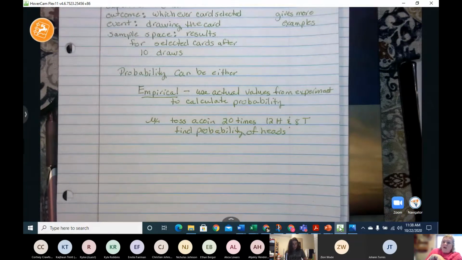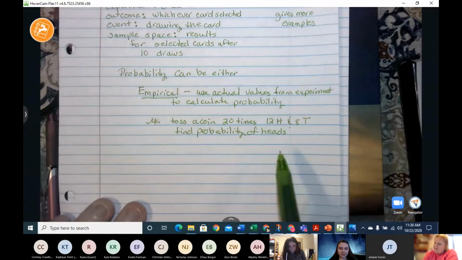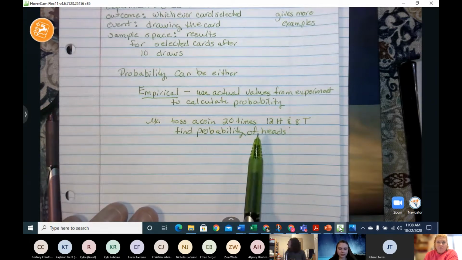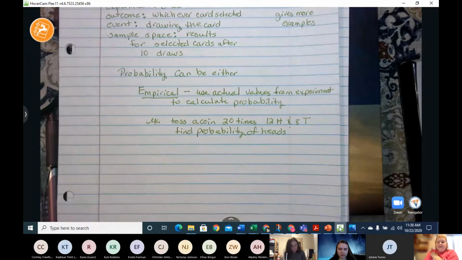Okay, from our previous notes, the way we find probability is to look at how many times did it occur over how many times total possible. So if I'm looking for the number of heads from my experiment, heads occurred 12 times. How many total could it have occurred? Would be how many times did we toss the coin?